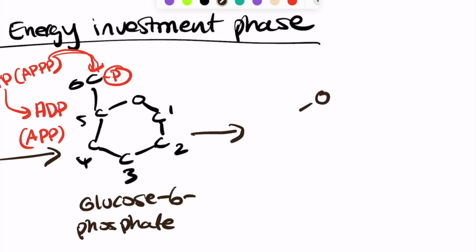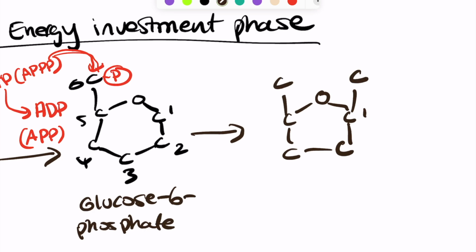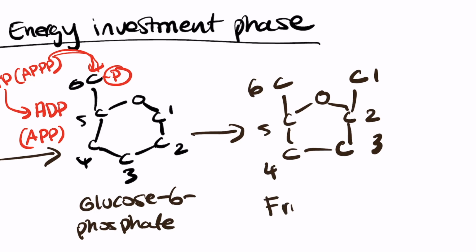So we draw the oxygen first. Then the carbons, now there's 4 in the ring instead of 5 in the ring. And then carbon 1 went up like that. Okay, so there's 6 carbons. It's just all the carbons got rearranged. Carbon 1, 2, 3, carbon 4, 5, and 6. And we call this fructose. Okay, so it's fructose 6-phosphate.